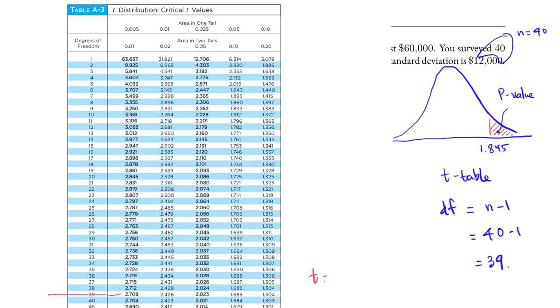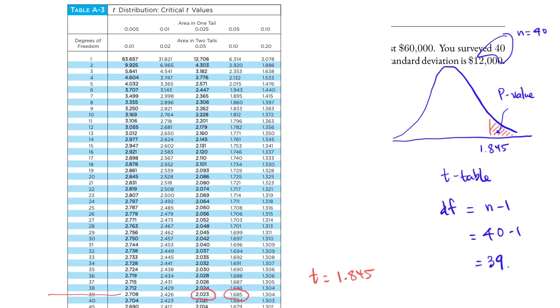There is no such t-value 1.845 on the line with 39 degrees of freedom, but we found two t-values that are closest to 1.845. The t-values are the numbers inside the table. Those two t-values are 2.023 and 1.685.